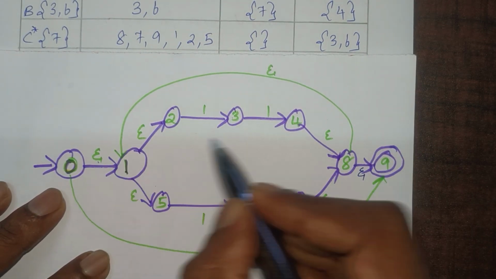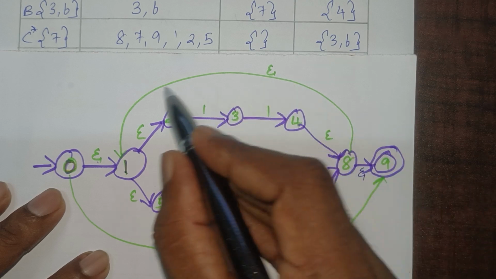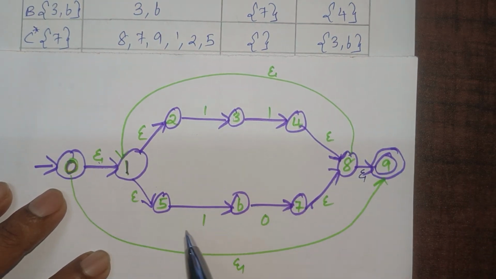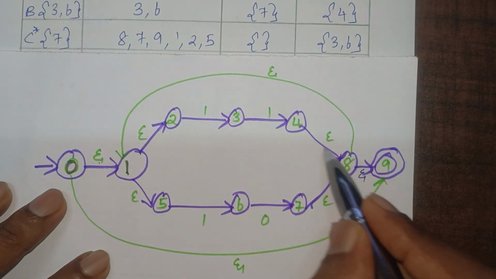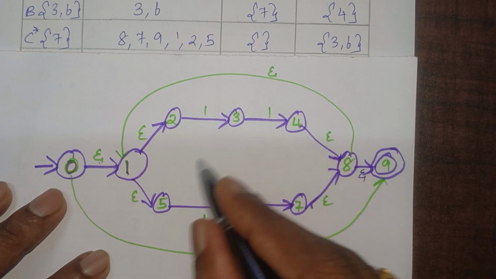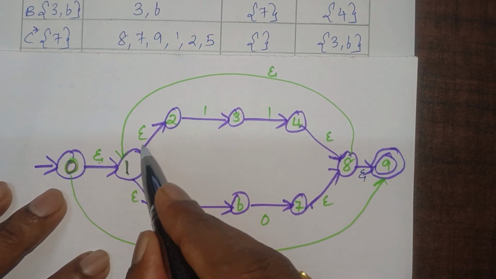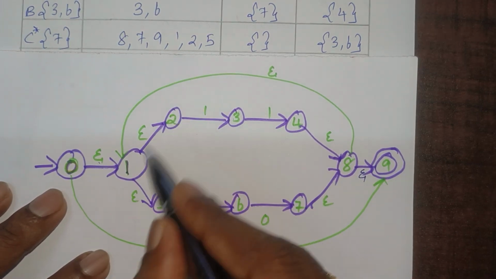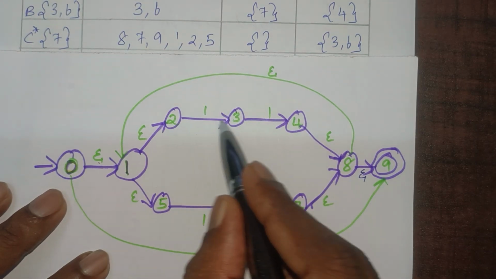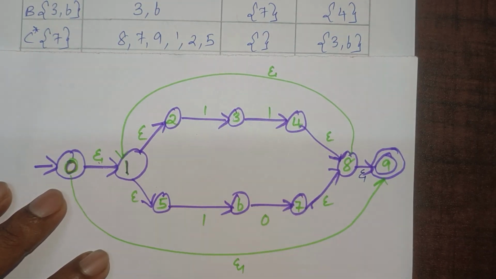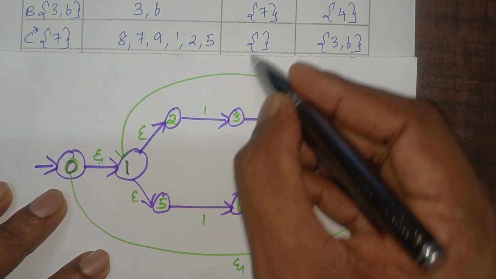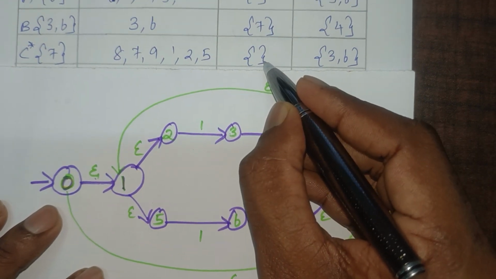So 8 is not taking 0 to reach any other state. 7 is not taking 0 to reach any other state, so it is also nil. 9 is not taking 0 to reach anywhere. 1 is not taking 0 to reach any state, and 2 is not taking 0 to reach any state, and 5 is also not taking 0 to reach any state. So I have mentioned this as empty state, right?